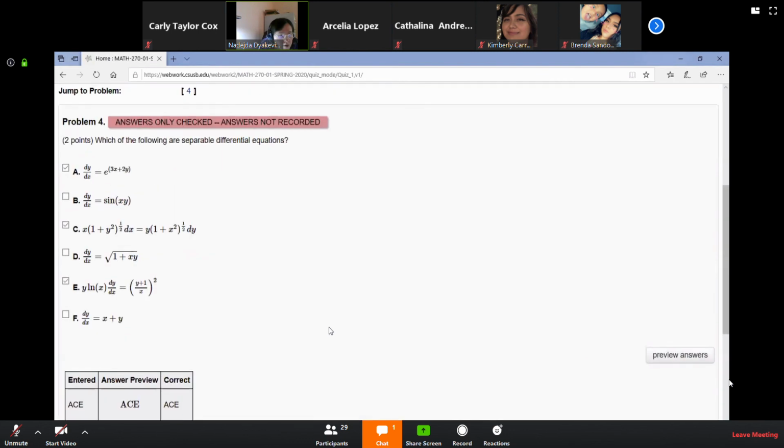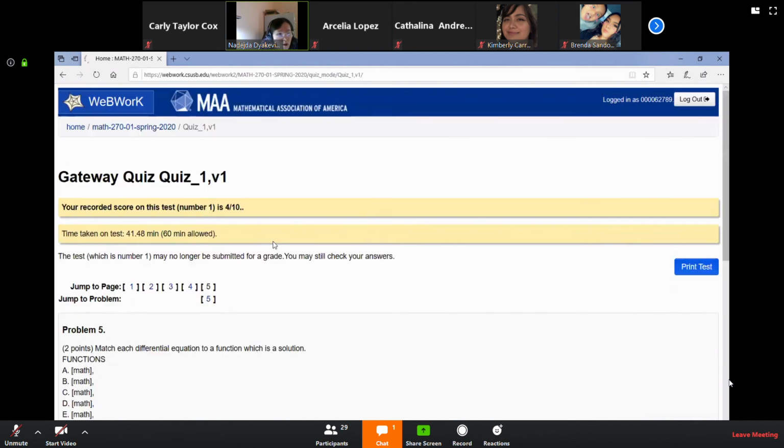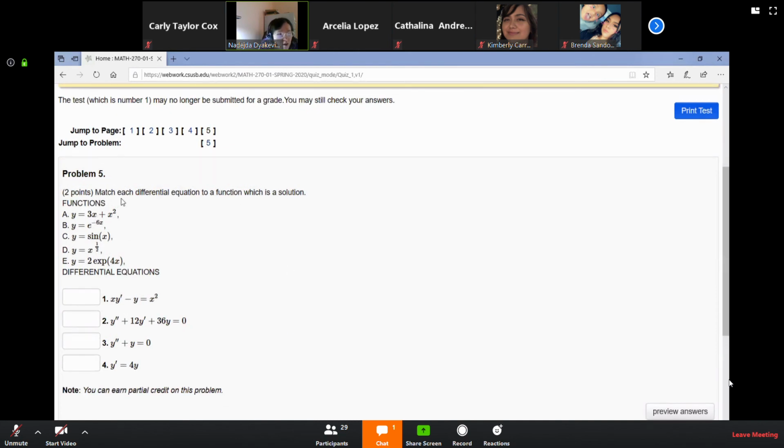So any questions here? So the last one is the tedious one, right? That's where you have to match each differential equation to a function, which is a solution. Here are the functions, and here you're supposed to type what is the corresponding solution, right?